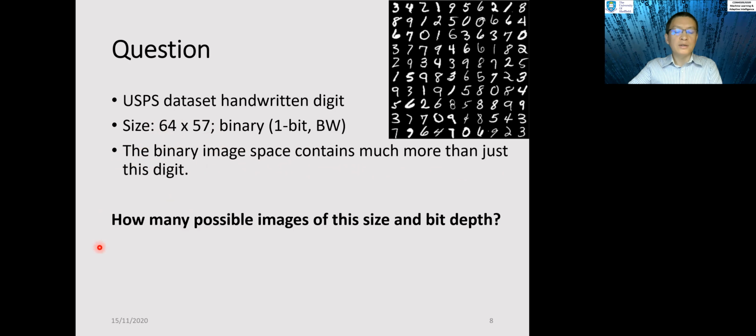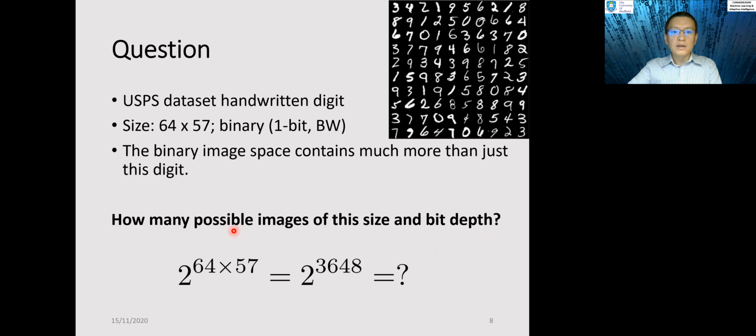So one question is, how many possible images of this size of 64 times 57 and this bit depth, which is just 1 bit per pixel? So please pause the video and think about it and write down your answer. So this is the answer.